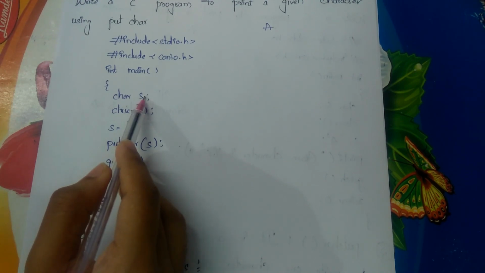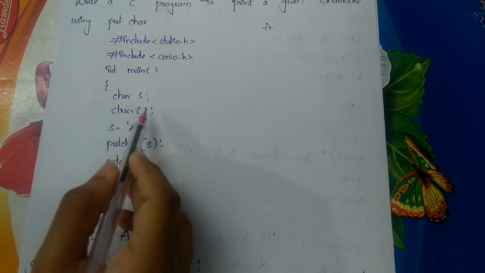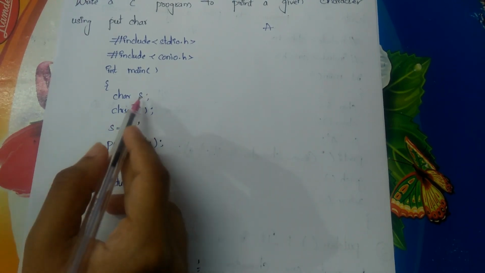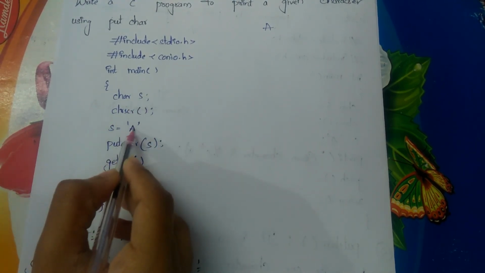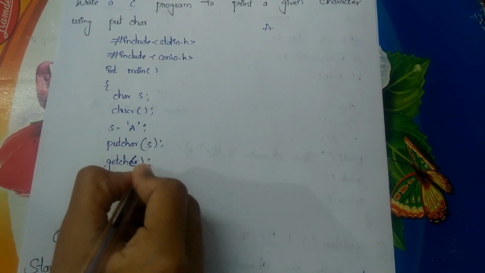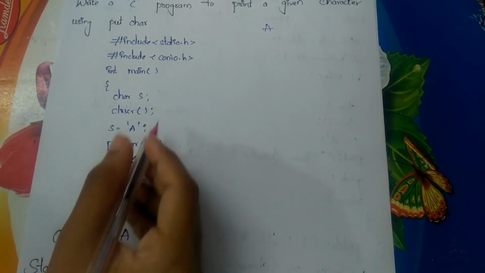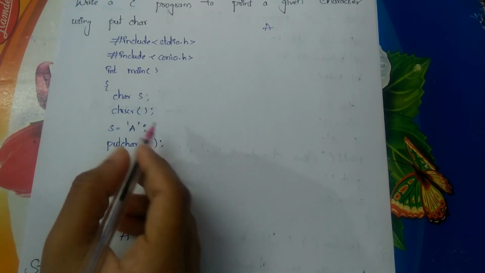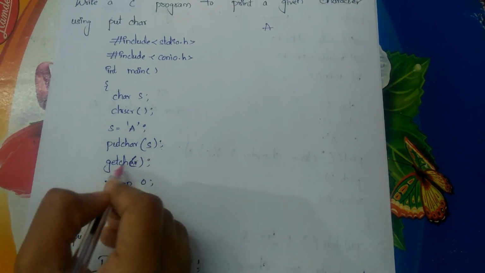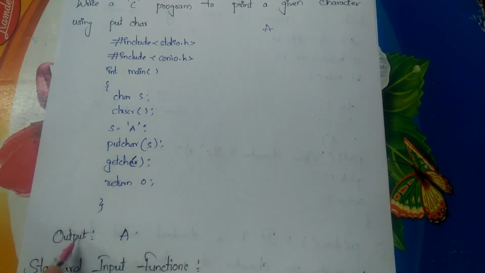Now character s I am declaring, and clrscr. Then s is equal to A. So to the variable s I am assigning one character, that is A, ended with a semicolon. Now putchar of s. This variable I want to print, and in s the A is stored, ended with a semicolon, and getch, return 0. So to the output A will be printed.